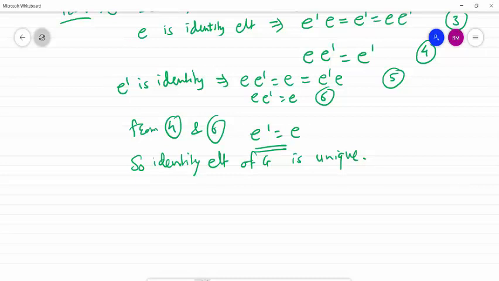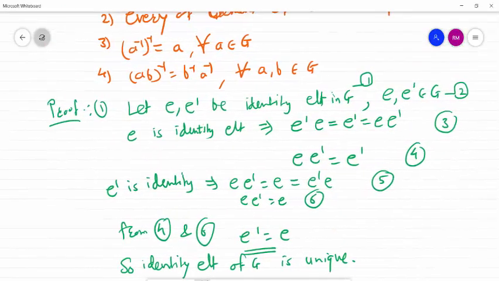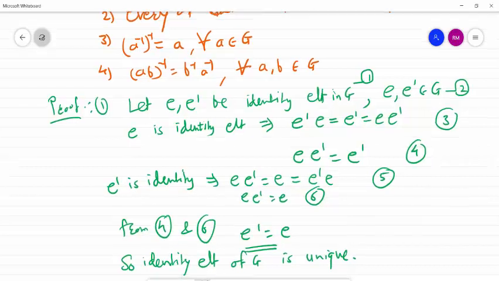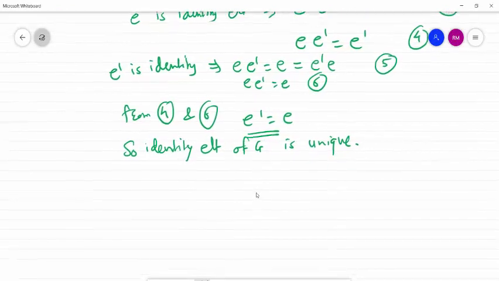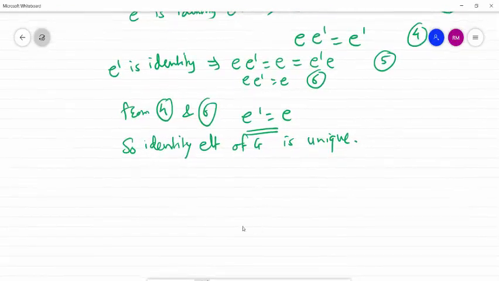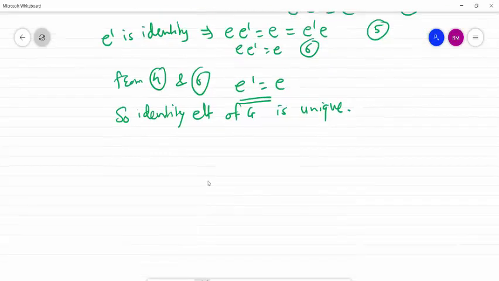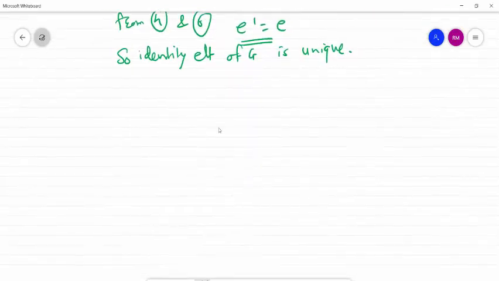So next part of the proof. What is the statement? Every element of G has a unique inverse. So how do we have to prove it? Instead of unique, suppose two inverses.